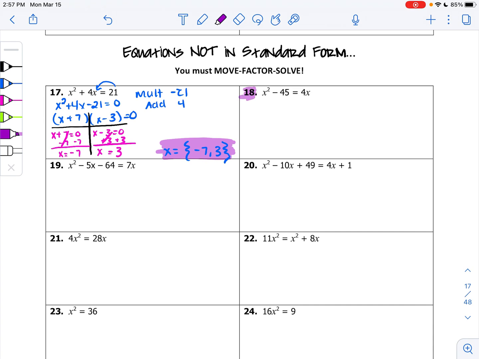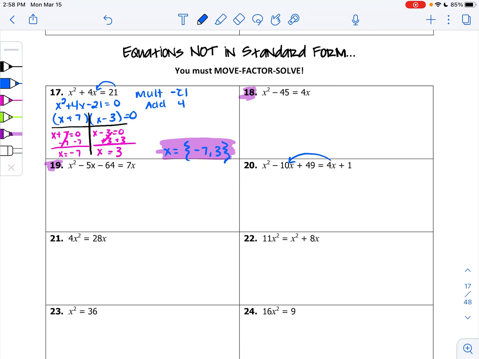Go ahead and highlight numbers 18, 19, and let's take a look at number 20. So number 20, we have two terms on the right side that need to be moved over to the left. When I move the 4x over, if you notice, I have another term that has an x, so you're going to need to combine it with it.